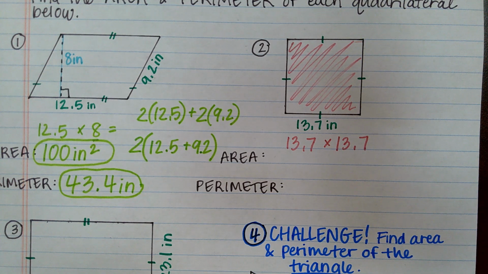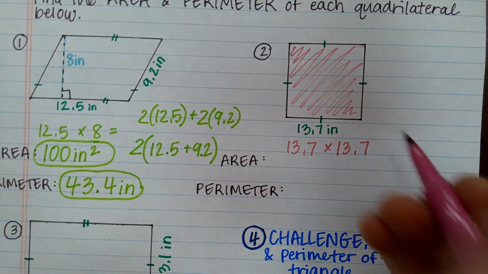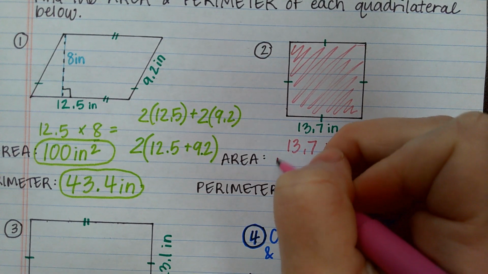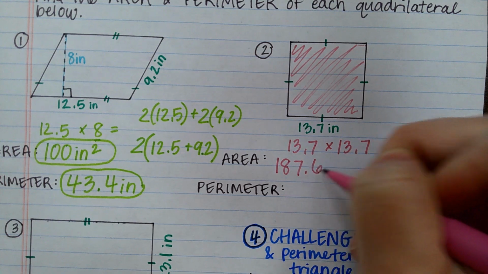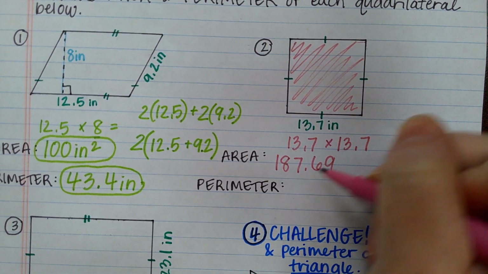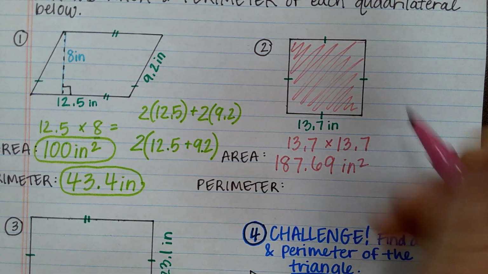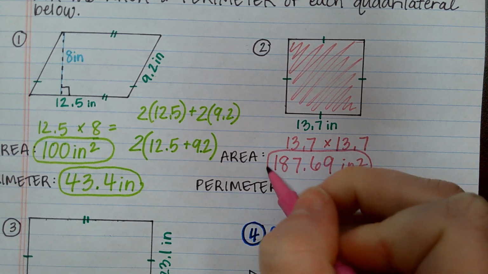You could also, since it is a square, do 13.7 squared. You'll get the same answer. And when you work that out, you tell me what you get. I got 187.69. Perfect. And what's our units? Inches squared. Perfect. Excellent.